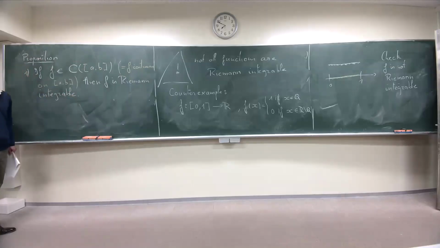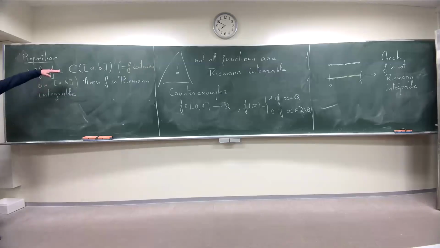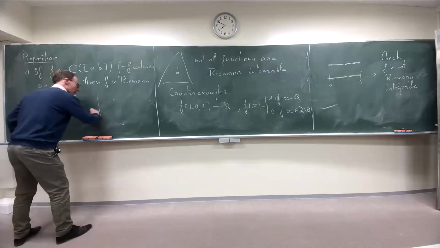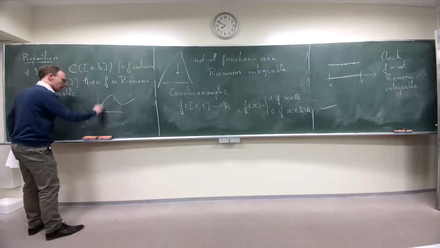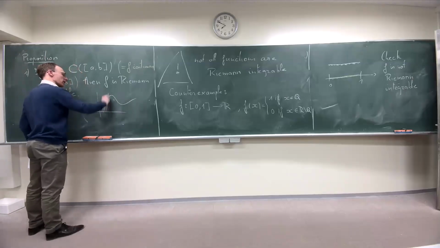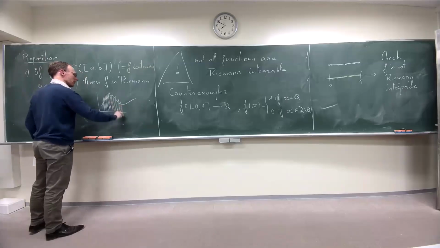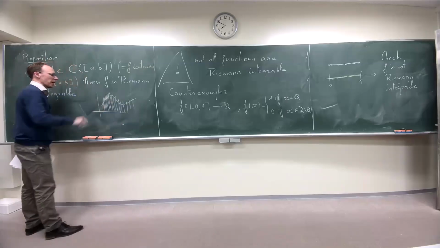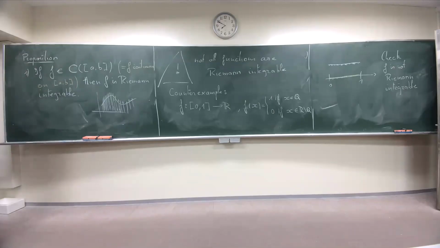On a picture, it's trivial. Marin, you are no more with us. Please. On the picture, on what I did on the blackboard, it was quite clear that if you take a continuous function and you take these many subintervals, on each of them the maximum value and the minimum value are almost the same.